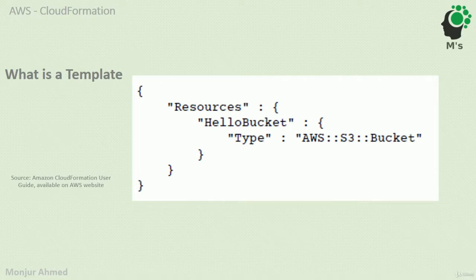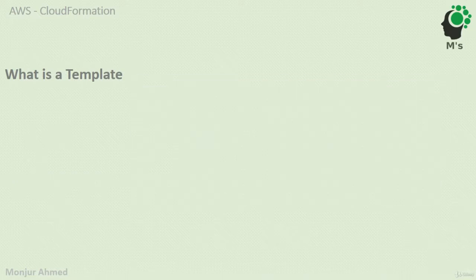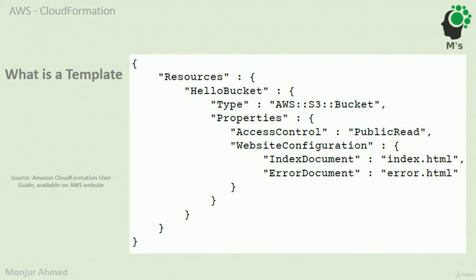So let's see a bit more complex one here. We have another example. Here we see our resource called hello bucket, and we said the type is an AWS S3 bucket. It might have some other properties as well that we can define.